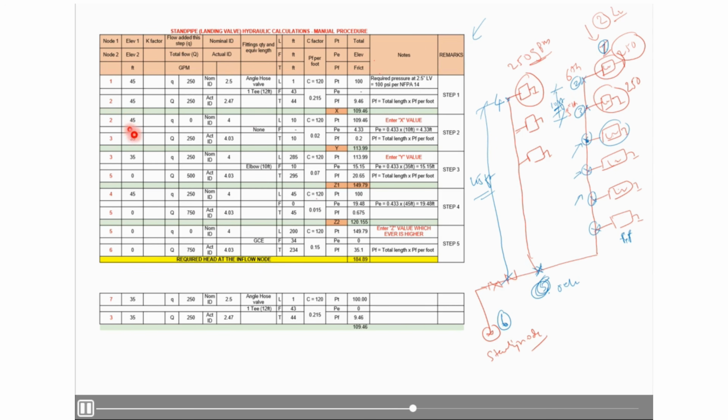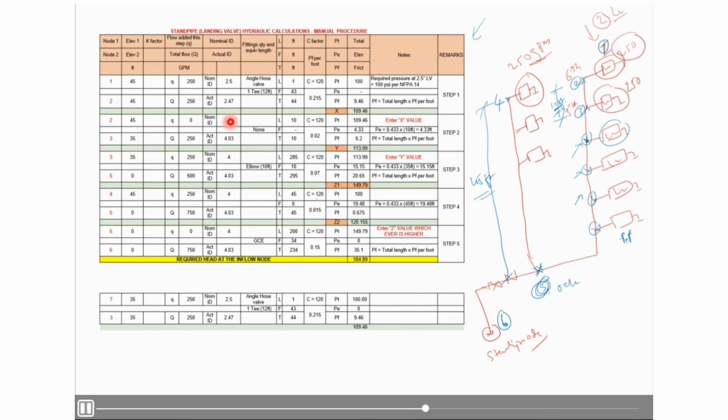So here you can see the elevation at node 2 will be 45 feet, and for node 3 the elevation is 35 feet. Basically here this Q, because at 2 there is no flow or outlet, we just mention 0, but we need to add the above capital Q plus small q. So 250 plus 0, it will be about 250 only.